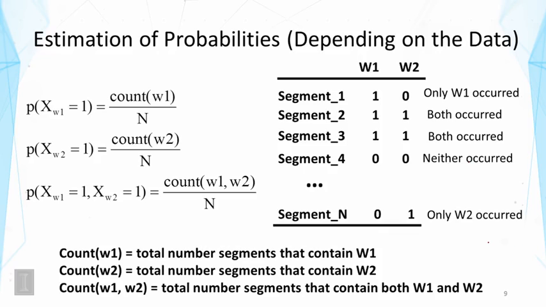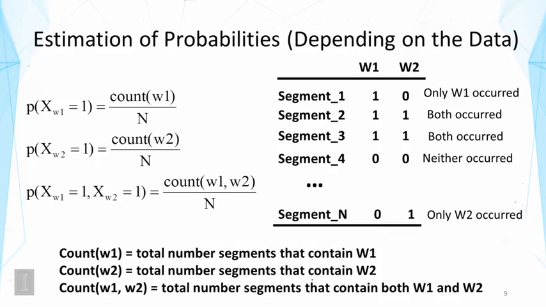For estimating these probabilities, we simply need to collect the 3 counts. First, the count of W1, which is the total number of segments that contain word W1. It's just the ones in the column of W1. We can just count how many ones we have seen there. The second count is for word 2, and we just count the ones in the second column.